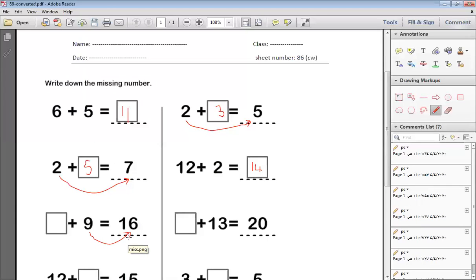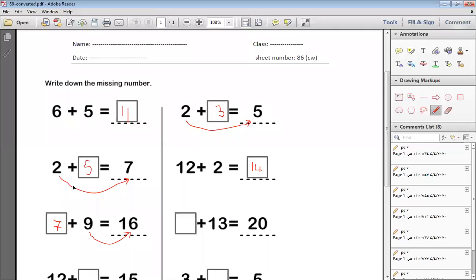Okay, after the 9, 10, 11, 12, 13, 14, 15, 16. How many fingers now on your hands? 7? Yes, so 7 plus 9 gives me 16.